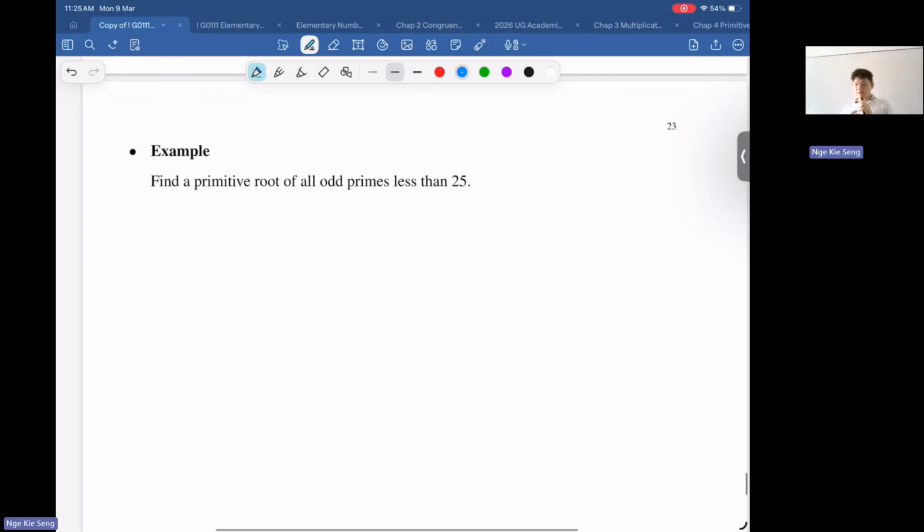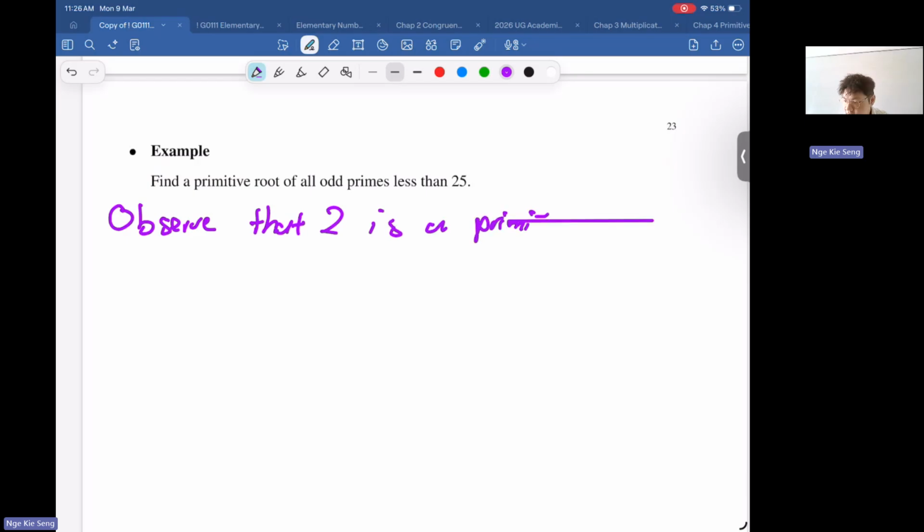Find a primitive root of all odd primes that are less than 25. So let's do one example. The first thing I want you to see in this calculation is that actually 2 is a primitive root for a lot of primes.